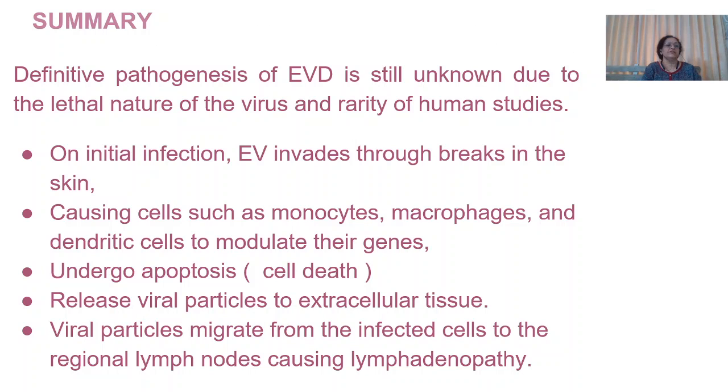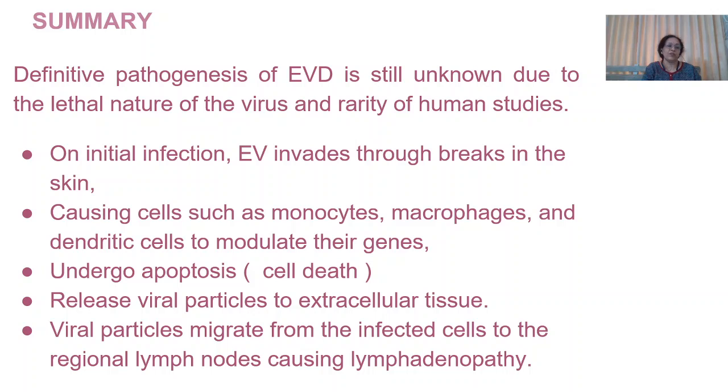So in summary, we'll see again how Ebola viruses enter the body, why they are lethal in nature, and how this is a rare type of disease. On initial infection, Ebola viruses invade through breaks in the skin, causing cells such as monocytes, macrophages, and dendritic cells to modulate their genes.